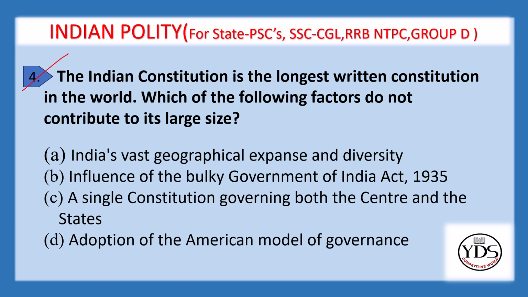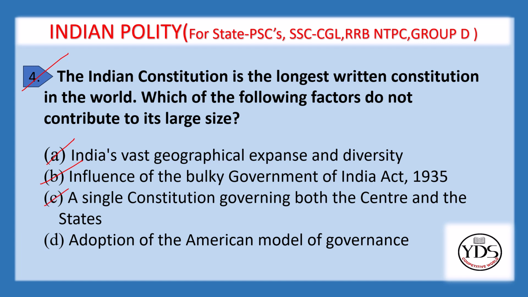Fourth question. The Indian Constitution is the longest written constitution in the world. Which of the following factors does not contribute to its large size? Option A. India's vast geographical expanse and diversity. Option B. Influence of the bulky Government of India Act 1935.